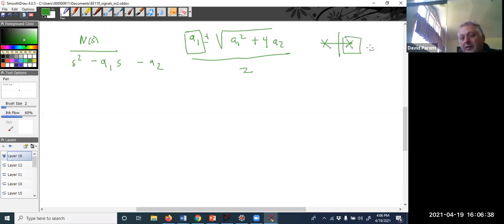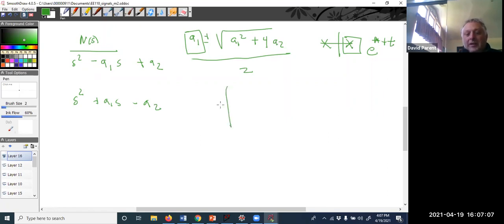But this will have some kind of positive exponential increase, and so it'll be out of control. And you can just see what happens when you use the quadratic equation.